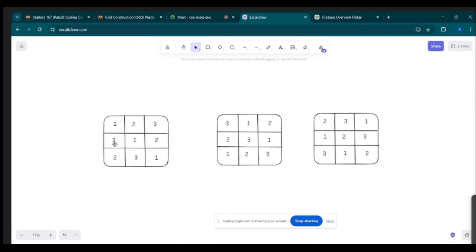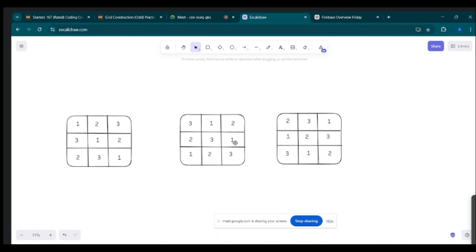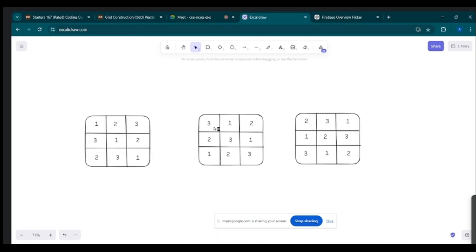What I did is first I wrote this row, then 2 3 1, and then 1 2 3. And here I did 2 3 1 first, then 1 2 3, and 3 1 2. Okay. And now here we can see every row and column has sum equal to 6, but the right diagonal has sum equal to 6 for every combination, but not the left diagonal.